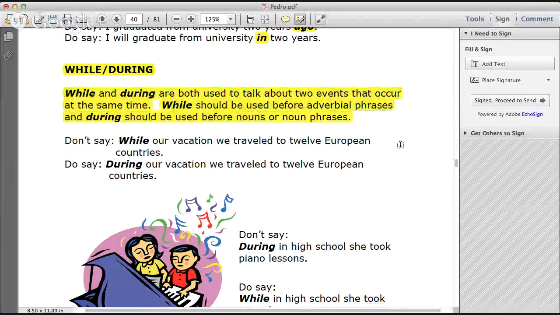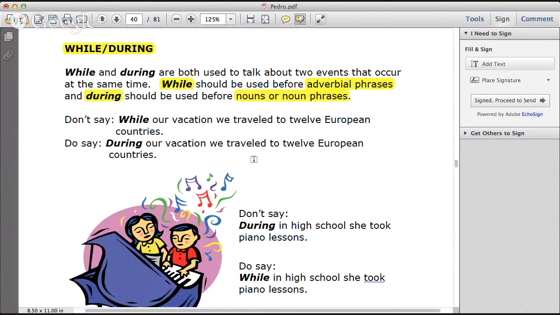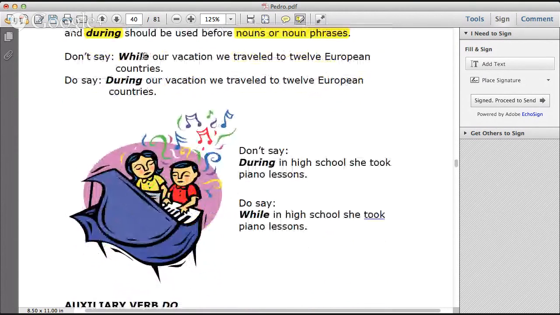While and during are both used to talk about two events that occur at the same time. While should be used before adverbial phrases, and during should be used before nouns or noun phrases. Okay, very good. So while, adverbial phrases. During, nouns or noun phrases. We have a couple examples of what we should and should not say.